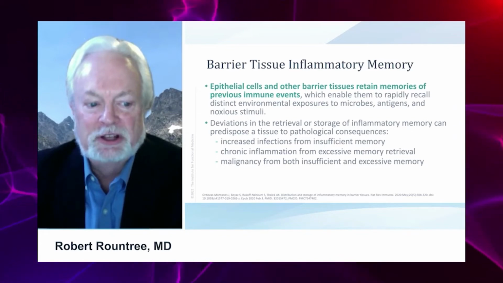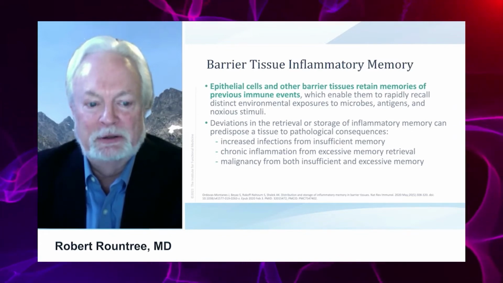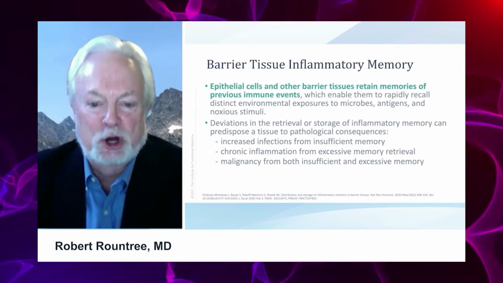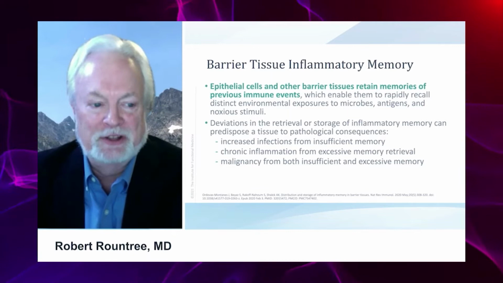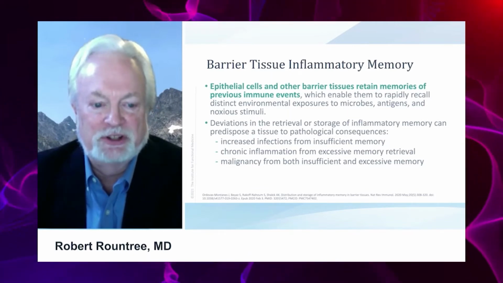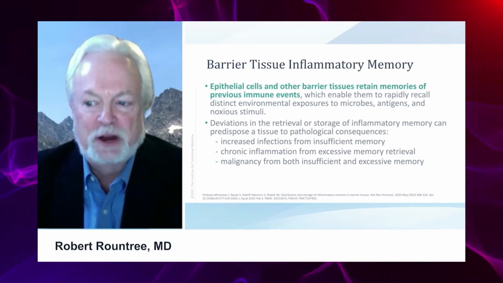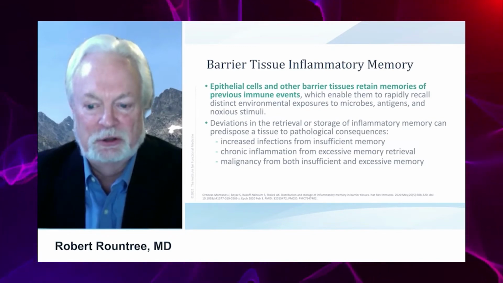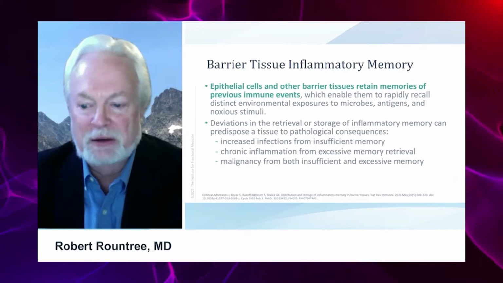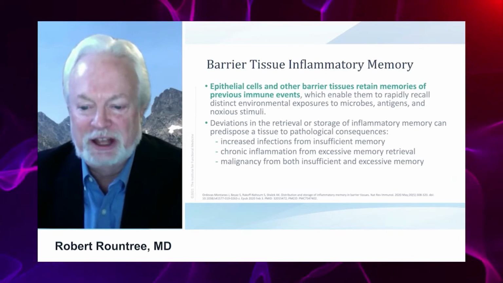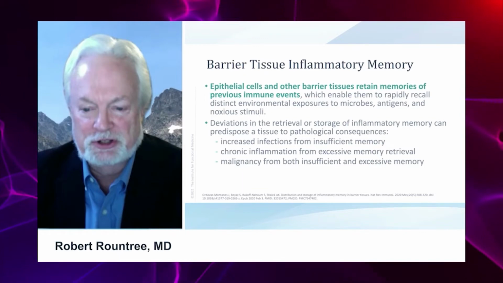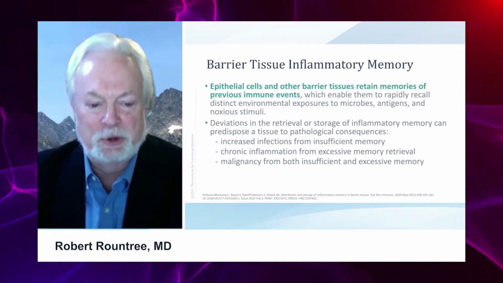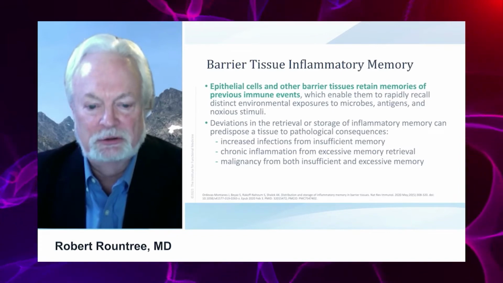And this barrier memory basically allows us to respond more quickly when exposed to similar kinds of pathogens, to similar kinds of viruses. And if this barrier memory is not there, then we have increased susceptibility to infection. Or if that memory retrieval is excessive, if the barriers are subject to exposure over and over and over again, then we end up with chronic inflammation.